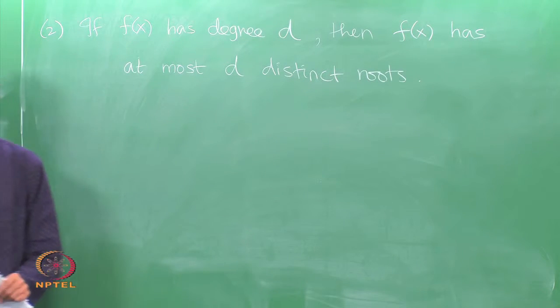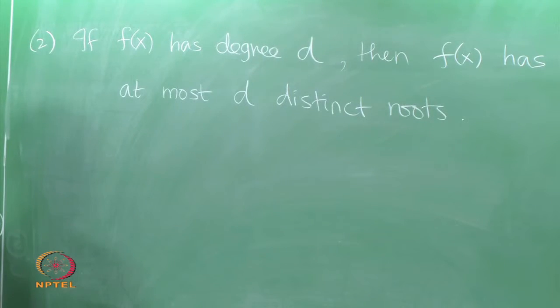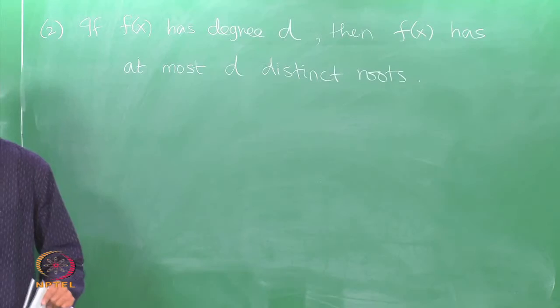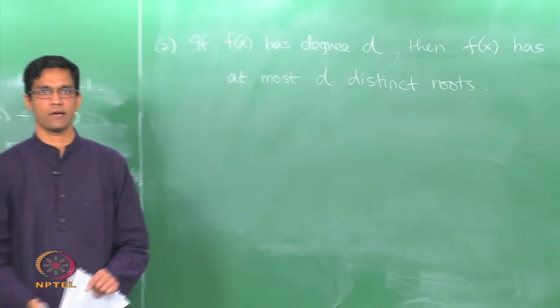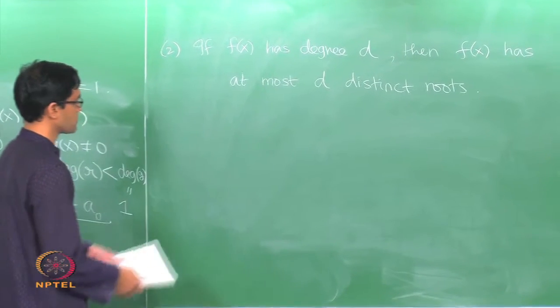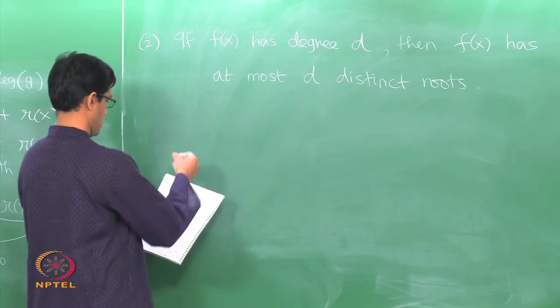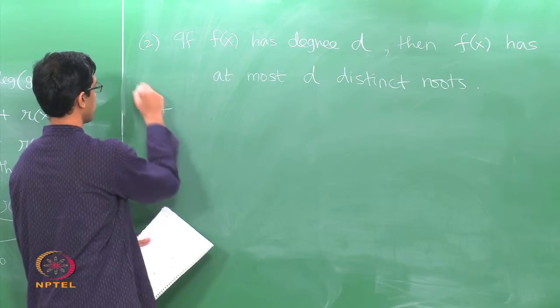So a polynomial of degree 10 for instance can have at most 10 different roots, okay, it can't have 11 or 12 or anything higher than 10. So let us see why this must be true. So here is a proof of this fact.